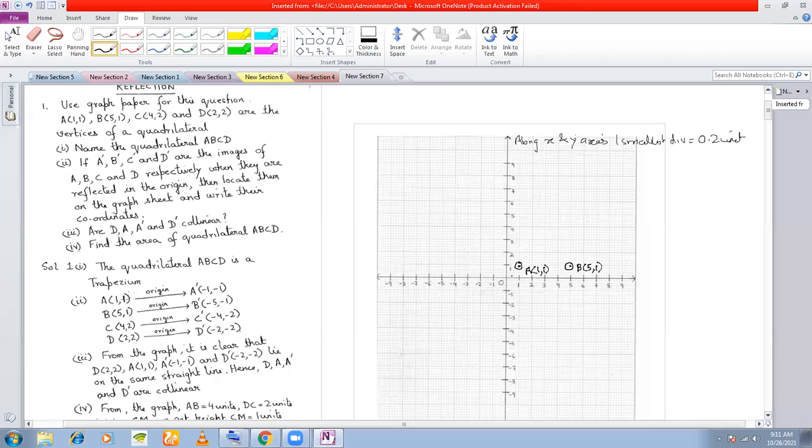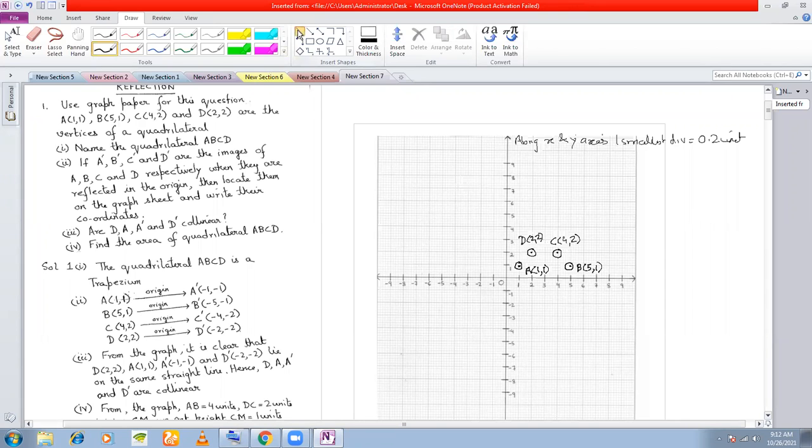Right? C (4, 2). C is (4, 2). This is your point. And the fourth point you have is D (2, 2). D is here. Okay, so 4 points you are getting.